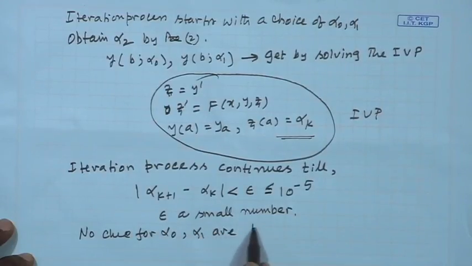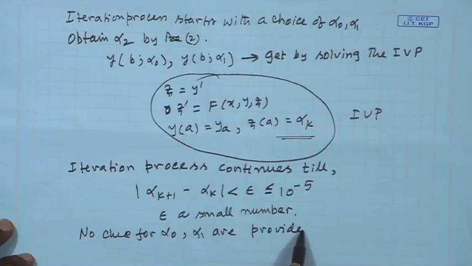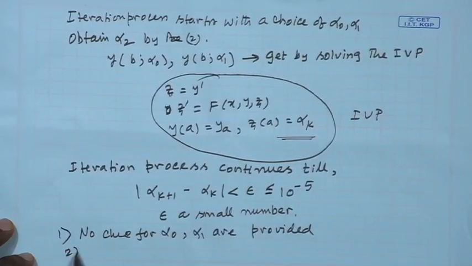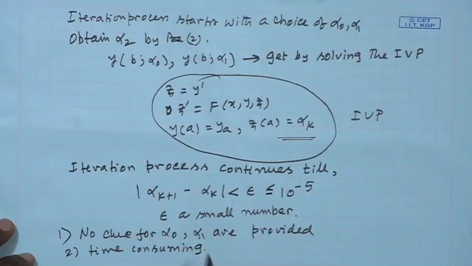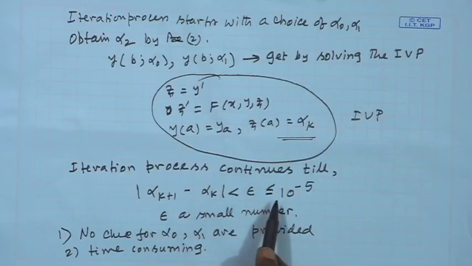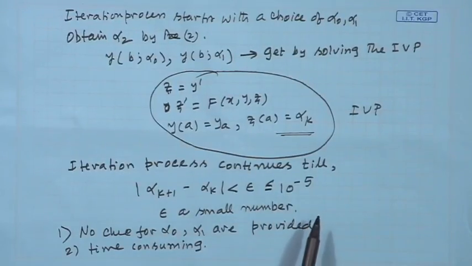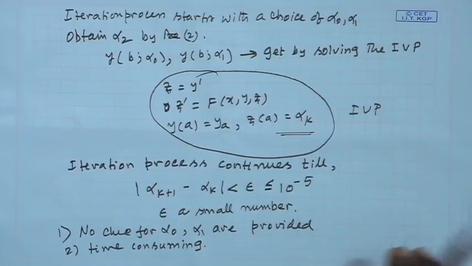It is also time consuming, because if I apply the fourth order Runge-Kutta method, we have to go from A to B with a few steps, and it will be repeated many times, depending on how many k you require to satisfy this criterion. So, this will be a time consuming process.